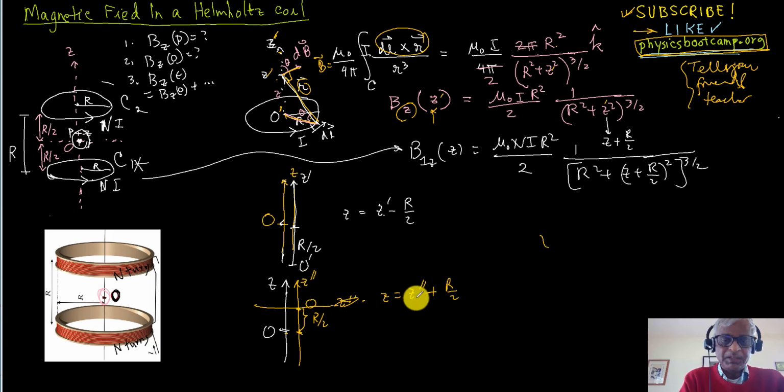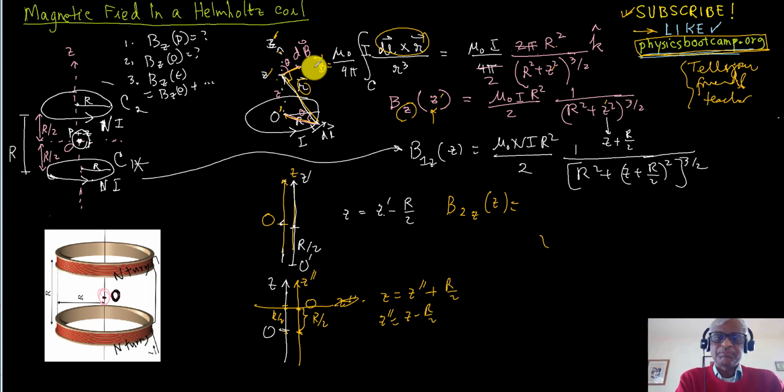When z double prime is 0, z is r over 2, right? So for B2, z double prime will be just z minus r over 2.